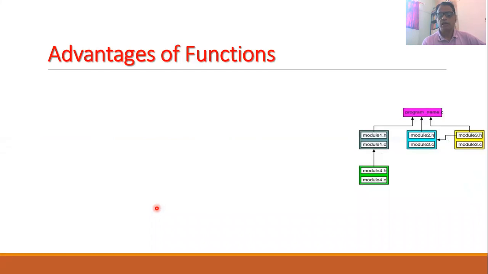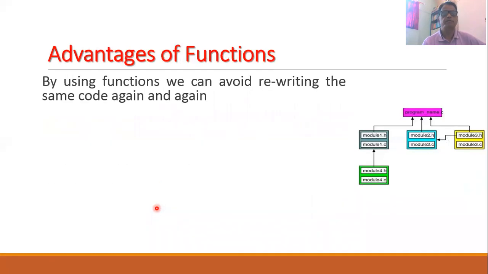Now let us see what the advantages of using functions in C programming language are. When we use functions, we are avoiding the rewriting of the same code again and again. Say, for example, in certain programming situations you need to write code for sorting, and you need to use the sorting several times within a program.